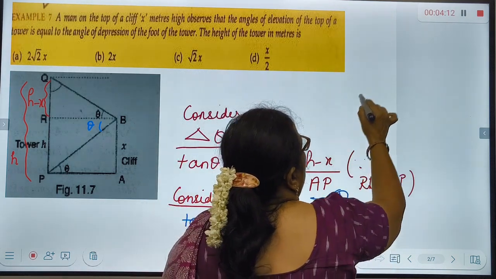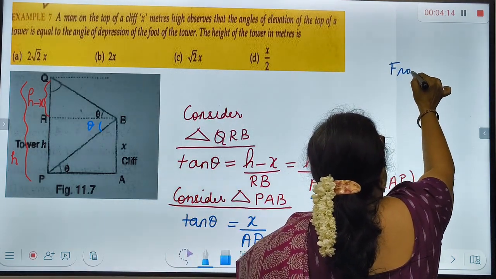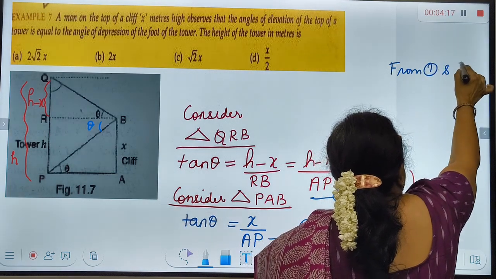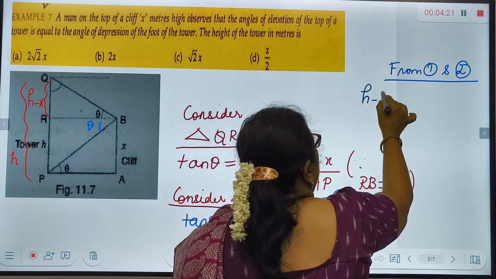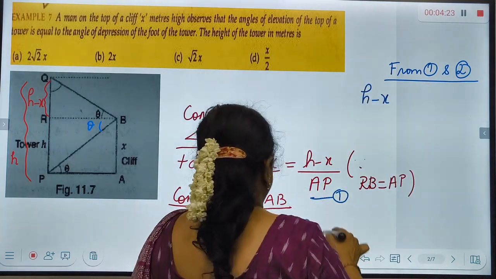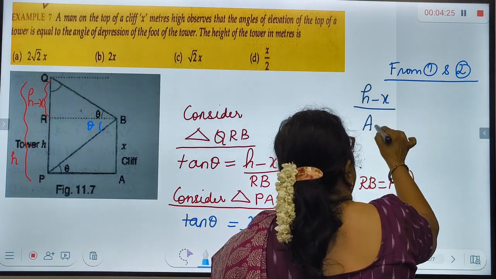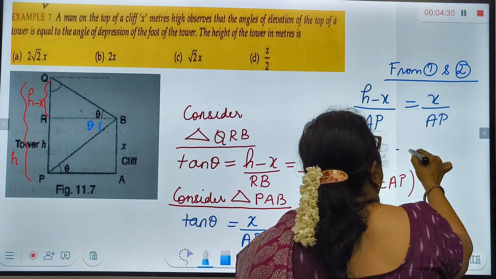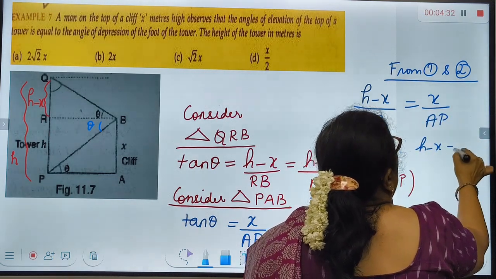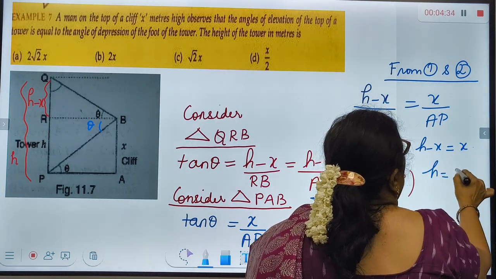So from 1 and 2 we get h minus x by AP is equal to x by AP. Therefore, h minus x equal to x, or h is equal to 2x.